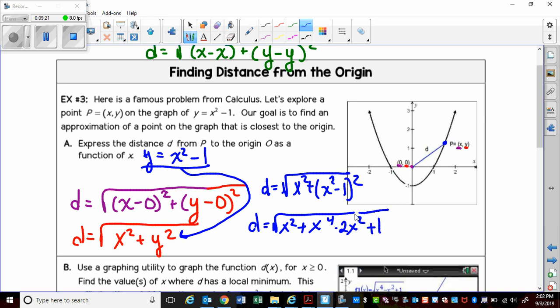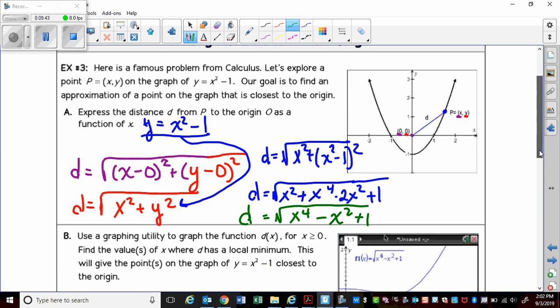That's what you'll get, hopefully. If I simplify this, I'm going to get x to the 4th minus x squared. Negative 2 plus 1 is negative 1, and then still plus 1. Okay. That's it. This is my function, depending on what x is.